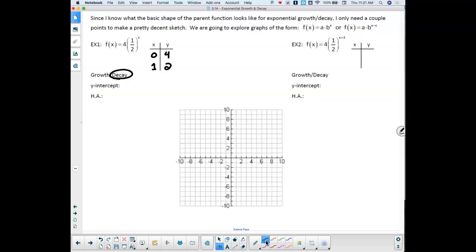Have I found my y-intercept? Yes? What is it? 0, 4. Love it. Did I have something out here after my exponented term that would shift my graph vertically and therefore affect my horizontal asymptote? No. So that's going to stay at y equals 0.